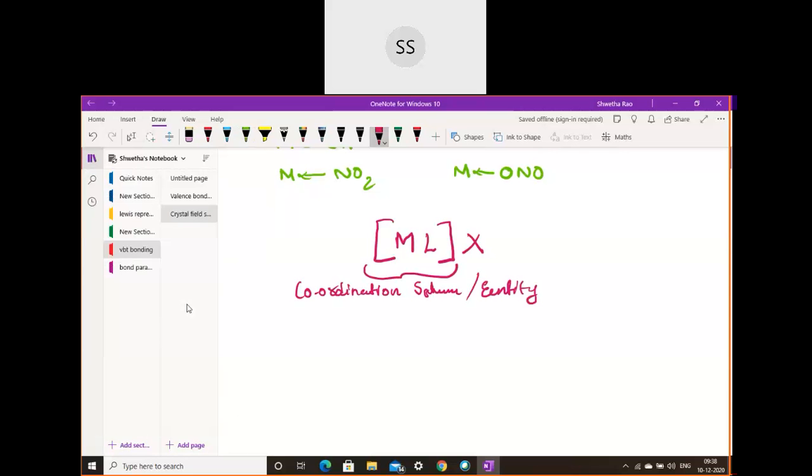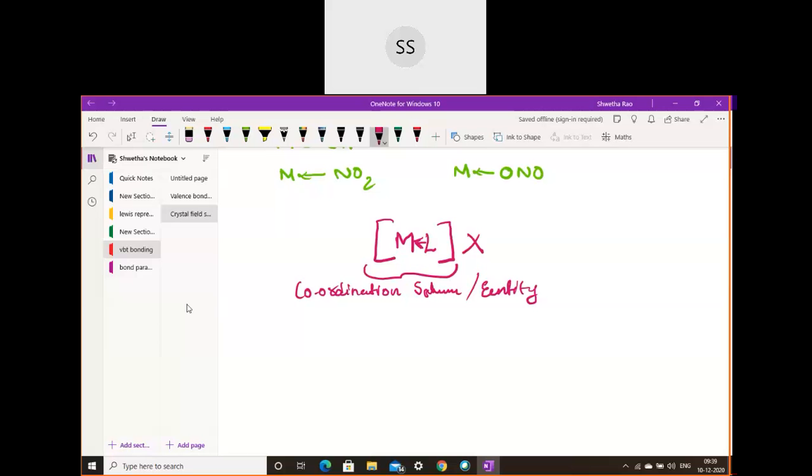Coordination number and coordination sphere. Coordination sphere means when you write a metal and put it in a square bracket, these are called the coordination sphere. And the ones present outside are called counter ions.